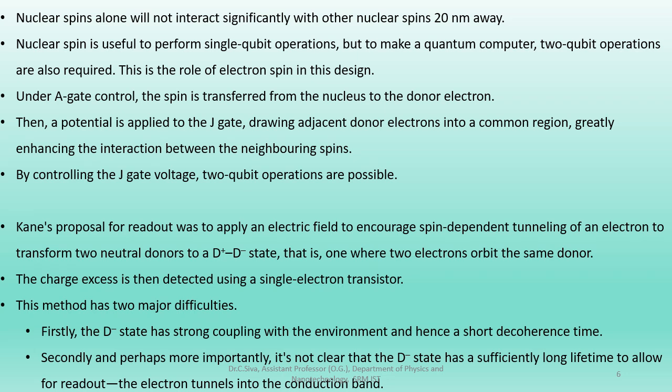This produces a charge imbalance, which is detected using a single electron transistor. The creation of the D+ and D- will create a charge imbalance which will be measured by the single electron transistor.